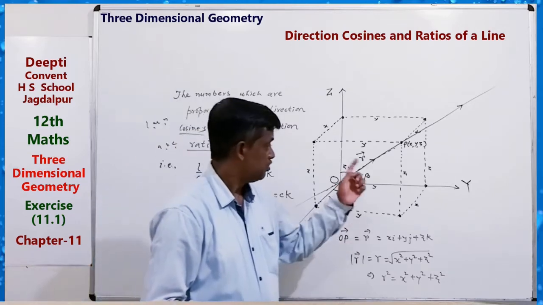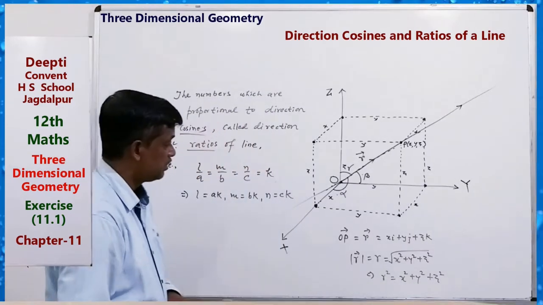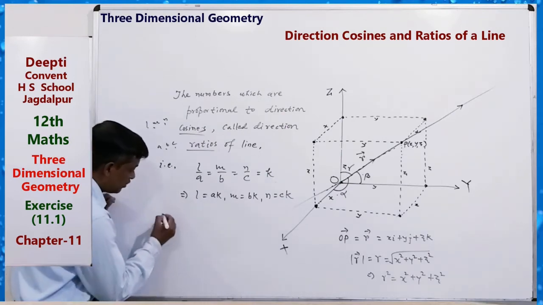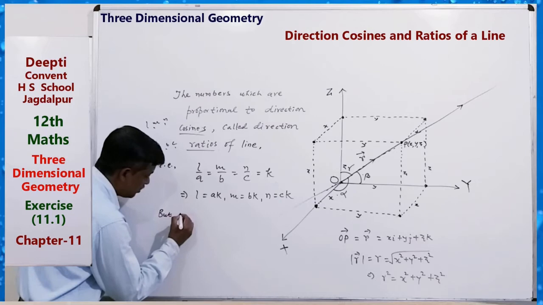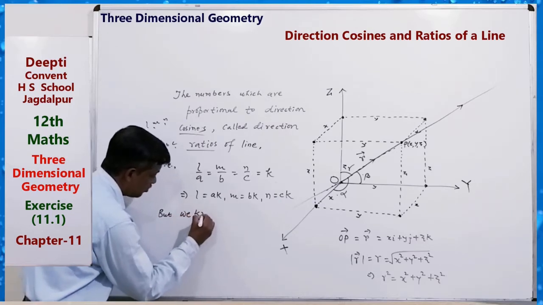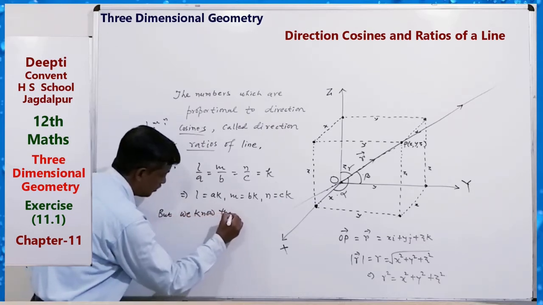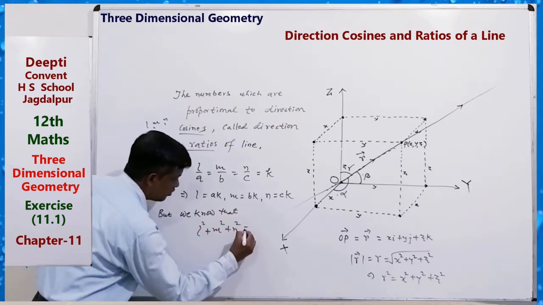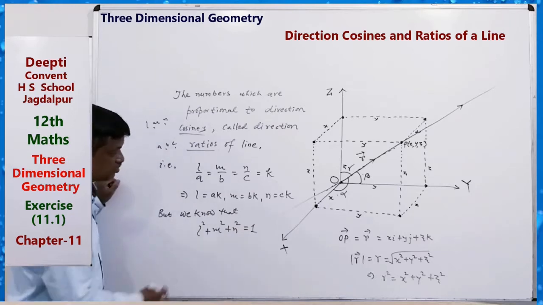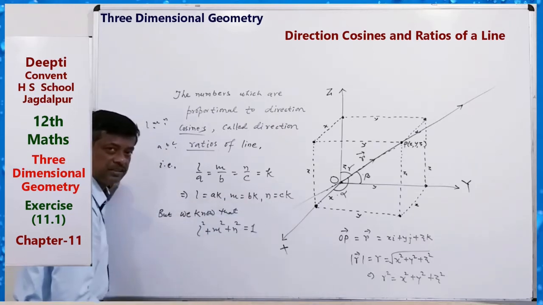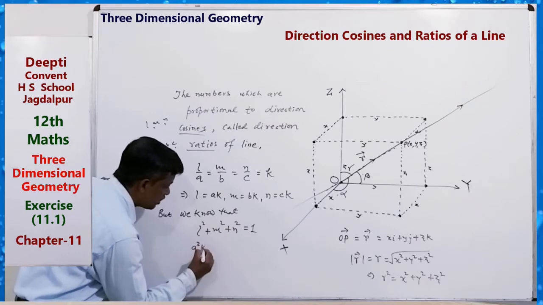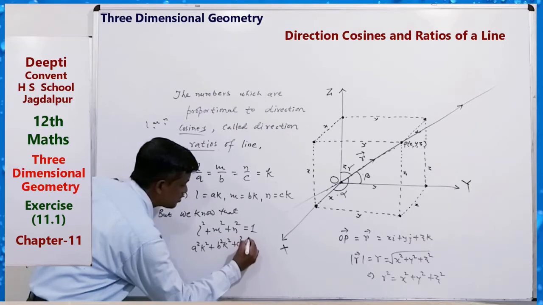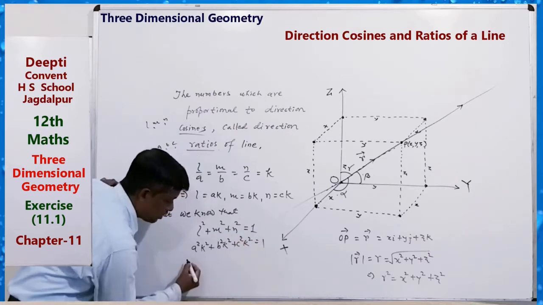Also we have proved this here. Clear? But we know that L square plus M square plus N square equals 1. So from here, squaring and adding, A square K square plus B square K square plus C square K square equals 1. So here take K square common.